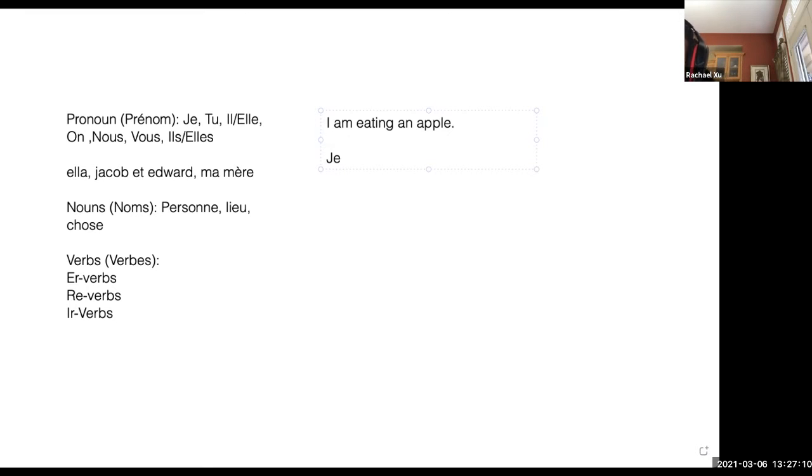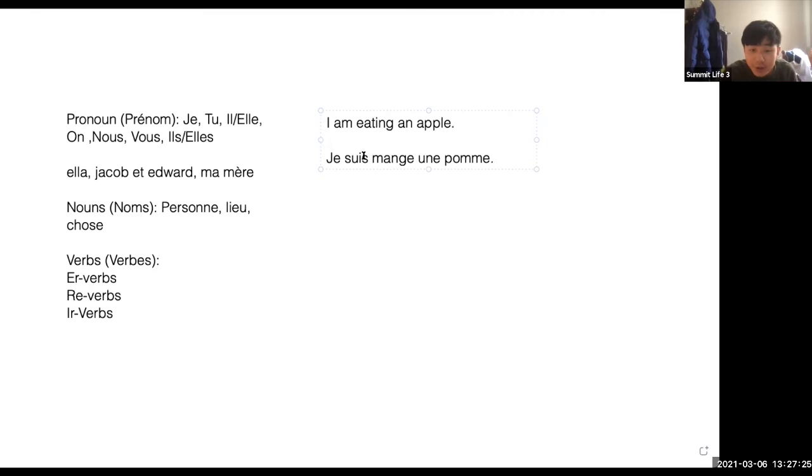I get what you're saying. Do you know what apple is in French? Pomme. Je suis mange une pomme. Right, but in French, it's only je mange une pomme. If there's another verb after the am, you just do that verb. Okay? So je mange une pomme.